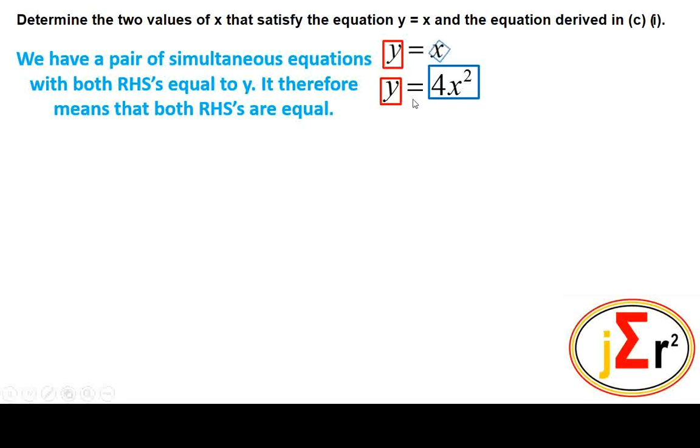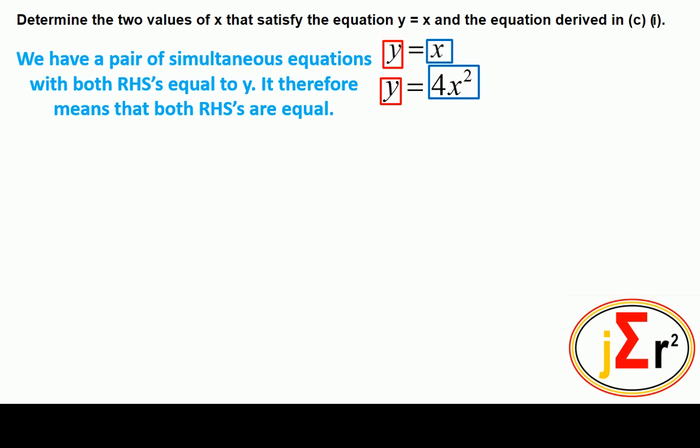We have y right there. Y is equal to y. There's no denying that y is equal to y. But since we have y is equal to and y is equal to, it means that these two are also equal. Because in solving a pair of simultaneous equations, one way is to rewrite the system of equations in such a way that we have only one equation in one unknown.